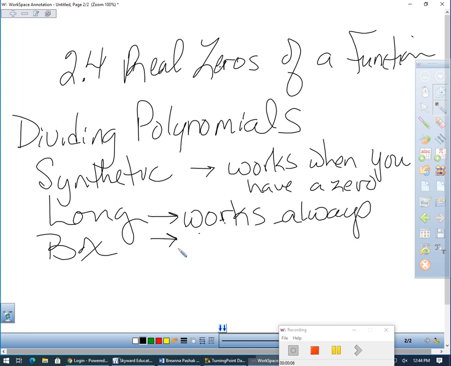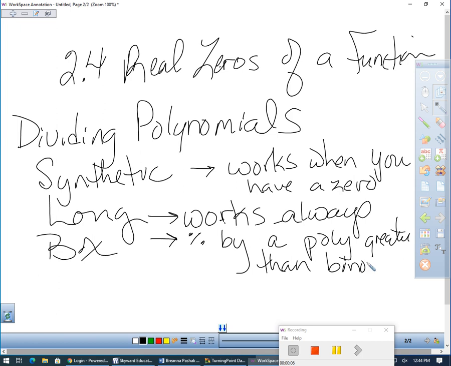So, long division. Anytime we're dividing by a polynomial bigger than a binomial, we are going to have to use long division or the box.